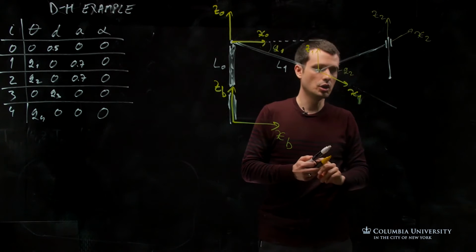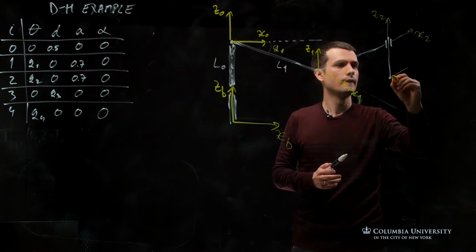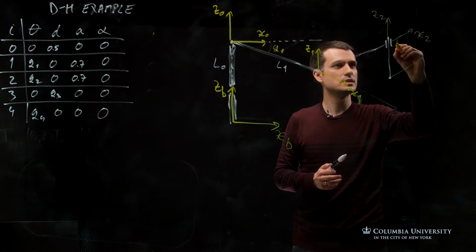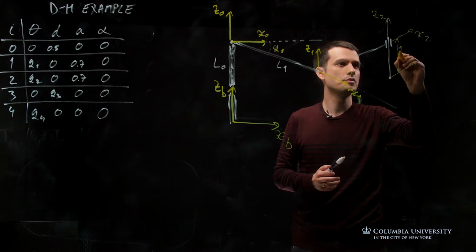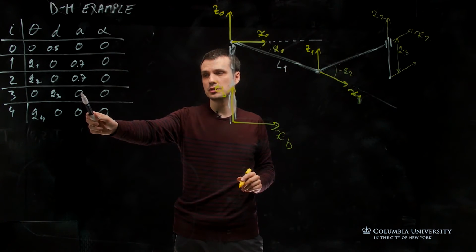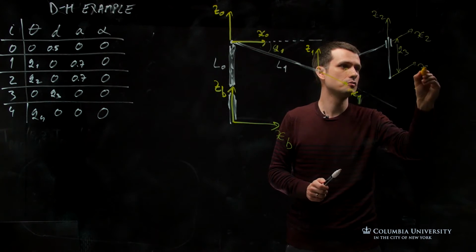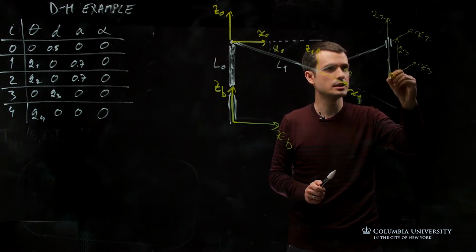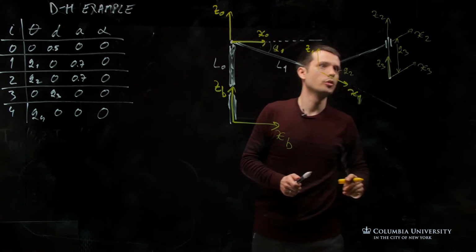This distance is going to be Q3. And we have no other component. There's no translation along X, there's no rotation around X. So then X3 just points like this, and Z3 points up.